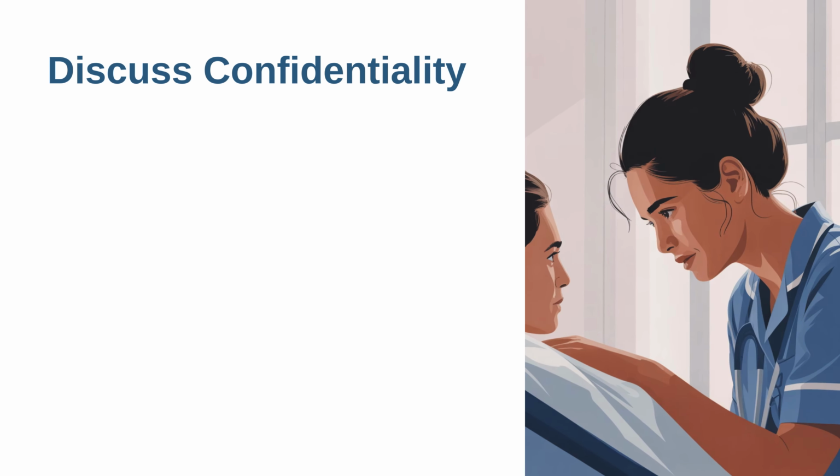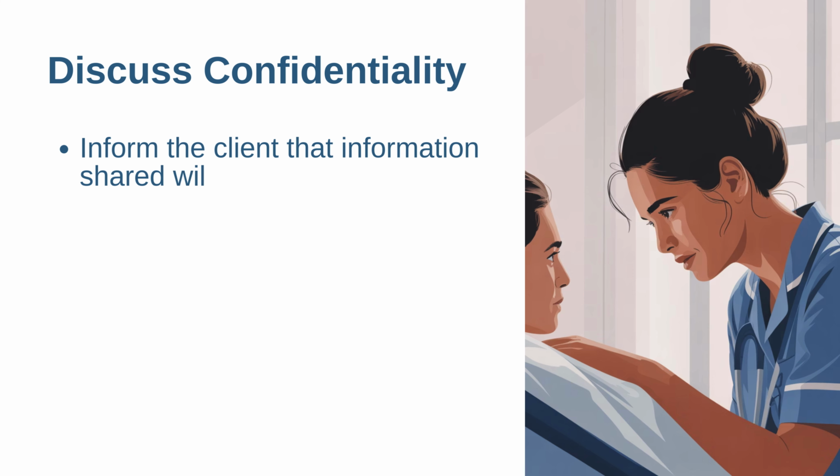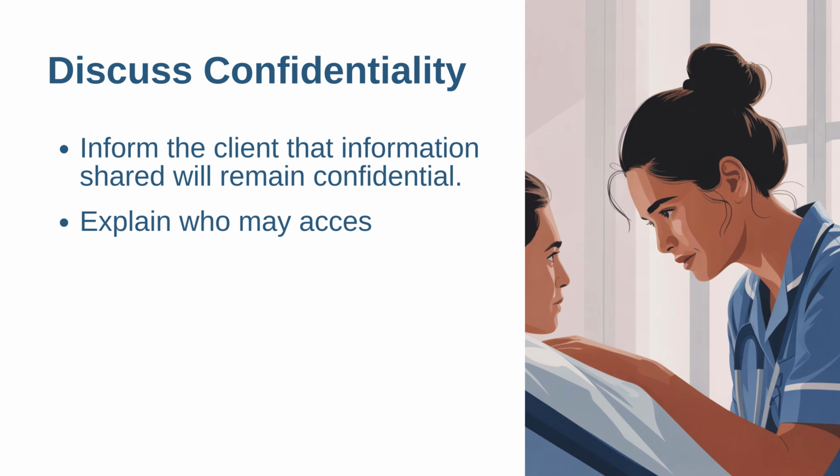Discuss confidentiality. Discussing confidentiality of information, assuring your client that everything he or she will be sharing with you will remain confidential, promotes trust and openness. Inform the client that all information shared will remain confidential. Explain to them who may access their data as part of care.